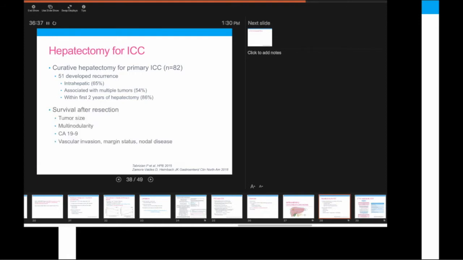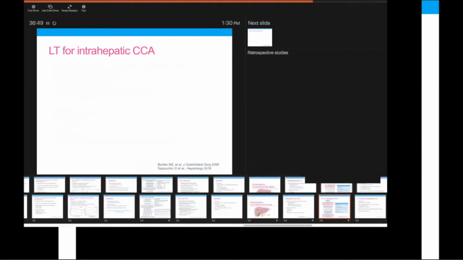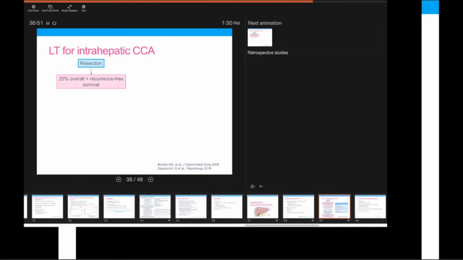Survival after resection is dependent upon tumor size, number of nodules, the level of CA 19-9, whether there's vascular invasion, the margin status, as well as the presence of nodal disease. So resection is the curative treatment for intrahepatic cholangiocarcinoma. However, the overall and recurrence-free survival rate is low.